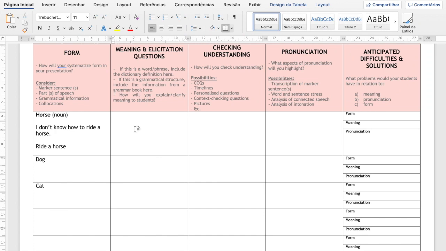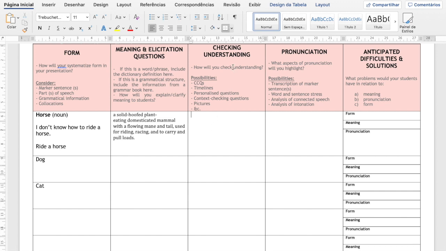A solid hoofed plant-eating domesticated mammal with the flowing mane and tail used for riding, racing, and to carry and pull loads. So this is what a horse means. This is the definition of horse.